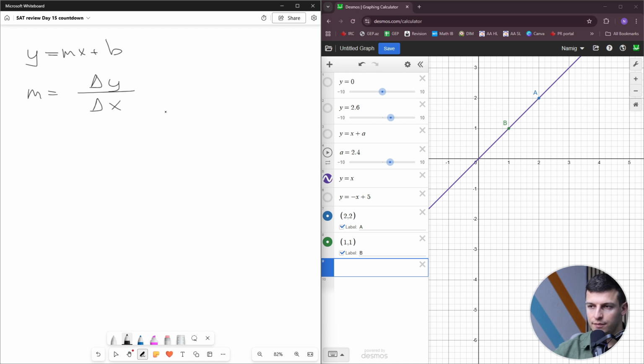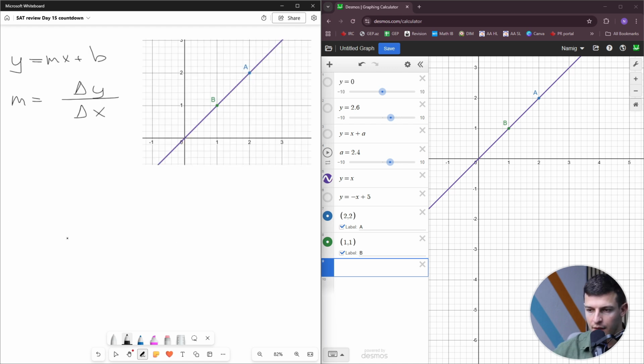Now, let's take a look at this case again. Let me bring the graph. All right, let's see how we can potentially find the equation of the line. So far we have found out that for this particular graph, our m is 1. Now, let's try to come up with the equation.